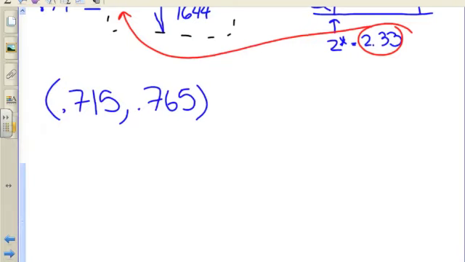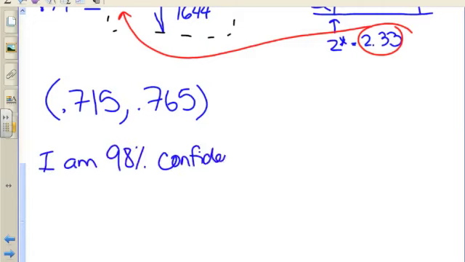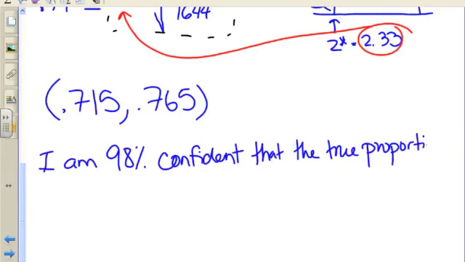Think about think, show, tell from your textbook. We thought about the conditions, did a lot of thinking to set up the problem. We showed all our work, and now we need to tell what it means. So I'm going to say that I am 98% confident, because they asked me for 98%, that the true proportion, remember I was talking about p, I'm on a quest to find p, that's the true proportion.